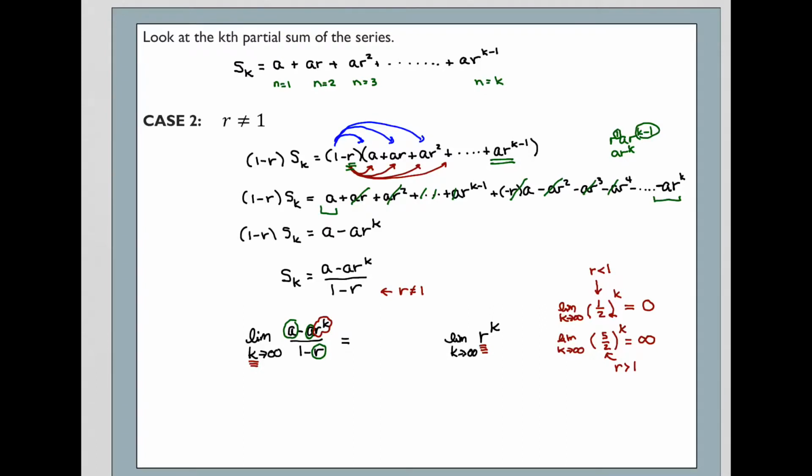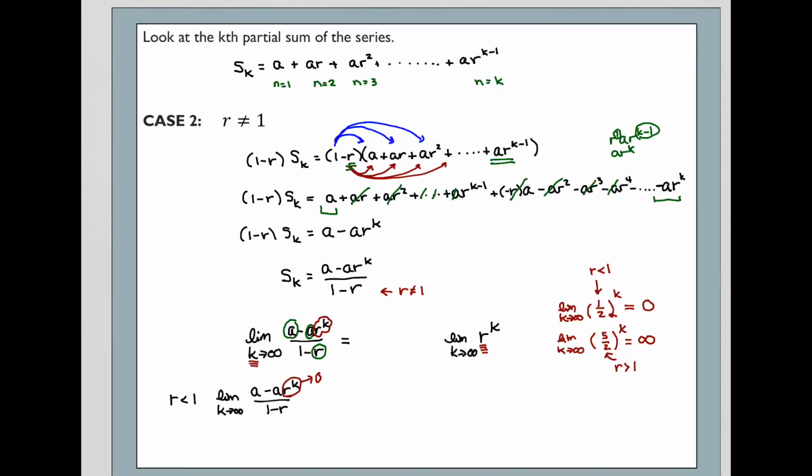So here we go. R less than 1, the limit as k goes to infinity of A minus A R to the K over 1 minus R. What did we just say? We just said that R to the K, when R is less than 1, that limit went to 0. And so what does that tell me?